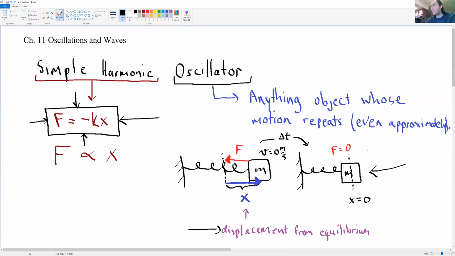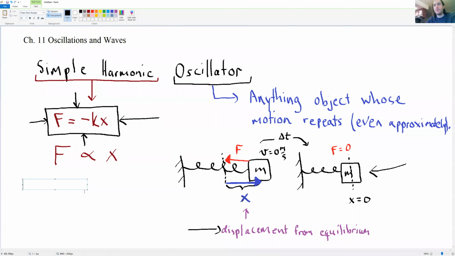Here's what we'll do. That's my question to you guys. What is the velocity? Put 1 in the chat if you think no velocity, 2 in the chat if you think it's to the left, 3 in the chat to the right.